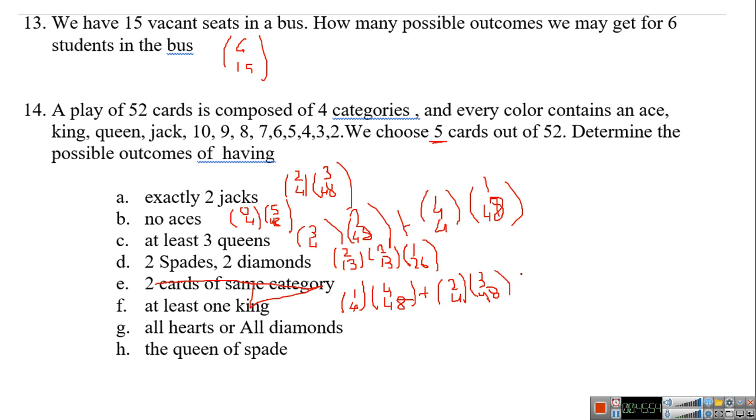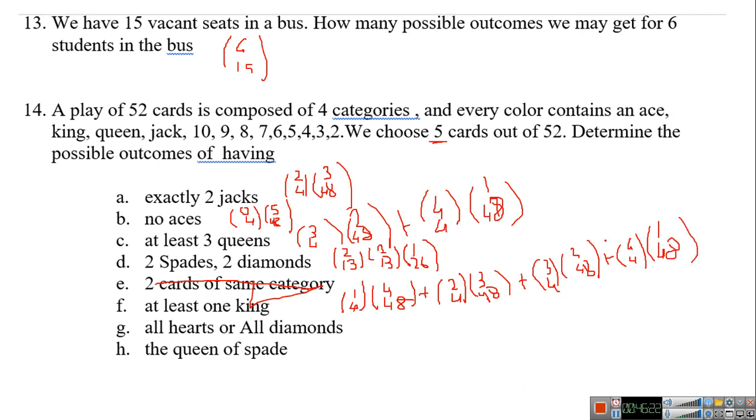Or three kings, 3 out of 4 and 2 out of 48. And the last one, I cannot have more than 4 kings, 4 out of 4, and 1 out of 48.